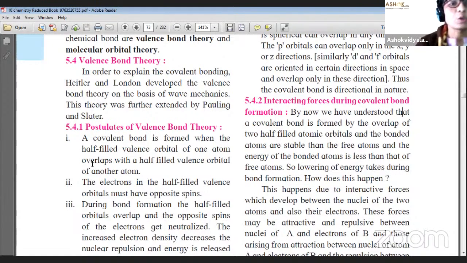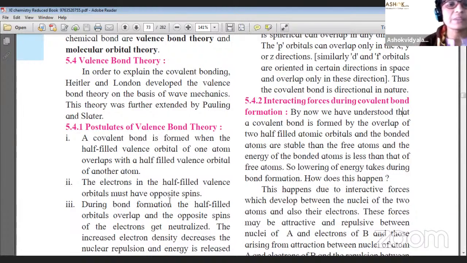When the covalent bond is formed, the half-filled valence orbitals of one atom overlap with the half-filled valence orbital of another atom. Means for the formation of a covalent bond, you need two half-filled orbitals, and the two electrons in the half-filled valence orbitals must have opposite spins.